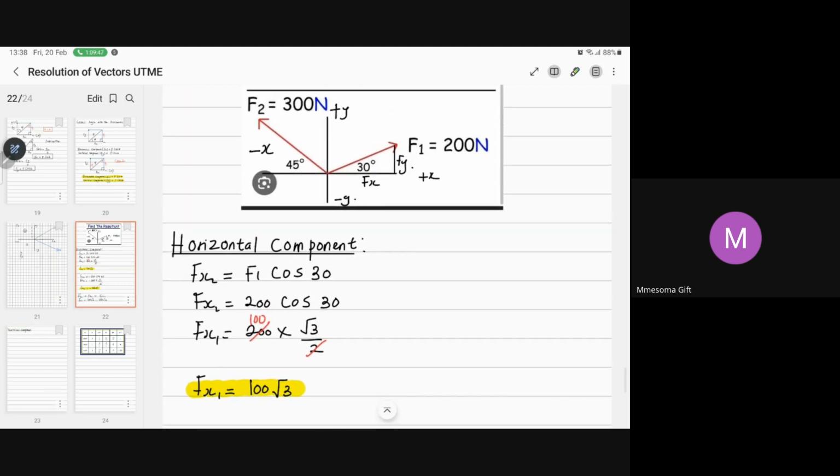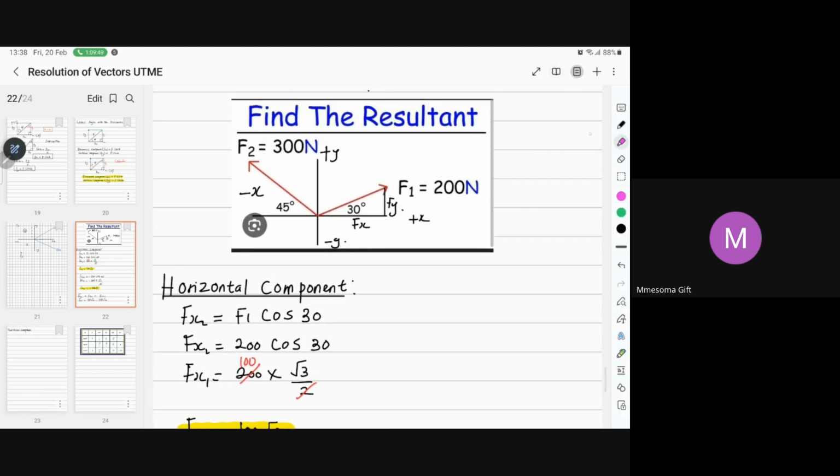The angle is with the horizontal, right? So this time around, we are pushing it up to the vertical, but that angle is with the horizontal. So it's going to be F1 sine 30. Remember that this angle is towards the first quadrant and y is positive at that point.